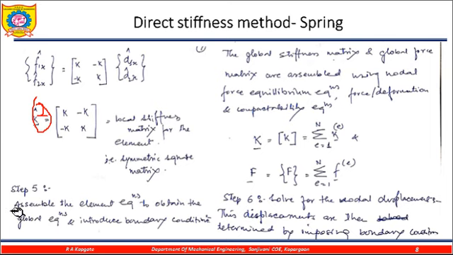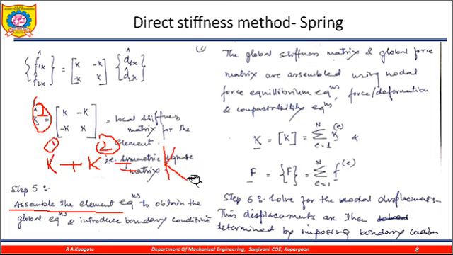Then there is a need for assembly, the addition of these two stiffnesses: k1 for element 1 plus k2 for element 2, which is equal to my total stiffness matrix.